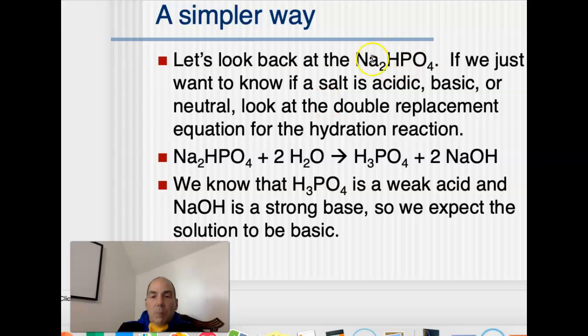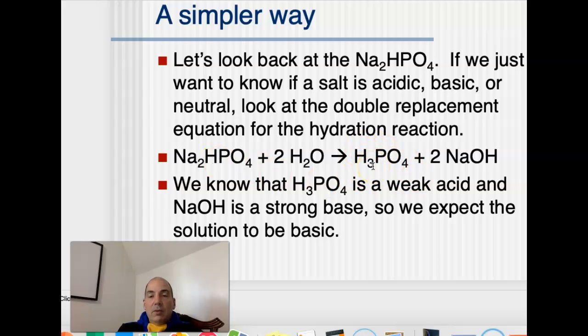One of the examples there was sodium hydrogen phosphate, and we want to know if the salt is acidic, basic, or neutral. So what we do, just like with the weak acids and weak bases, is add water to it. I want to try and write out a double replacement reaction here. Since there are 2 sodiums, I'm going to use 2 waters so that I get 2 sodium hydroxides, and now the HPO4 becomes H3PO4 over here.